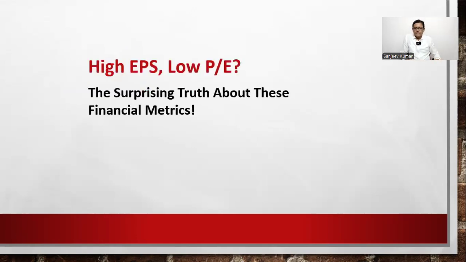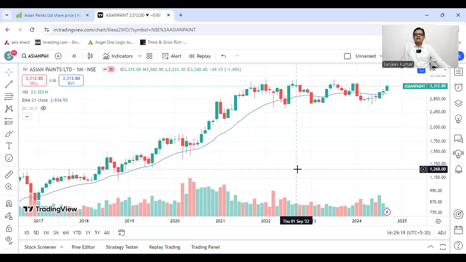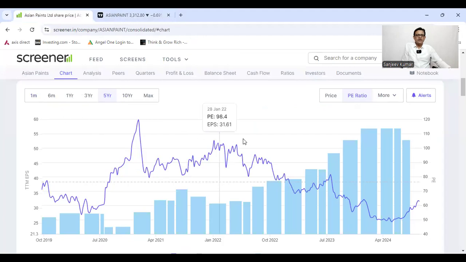Before going to the next slides, I want to say something about this chart. This is the chart of Asian Paints, and on the screener.in website you can see here that EPS is low. This is the EPS, this blue one.